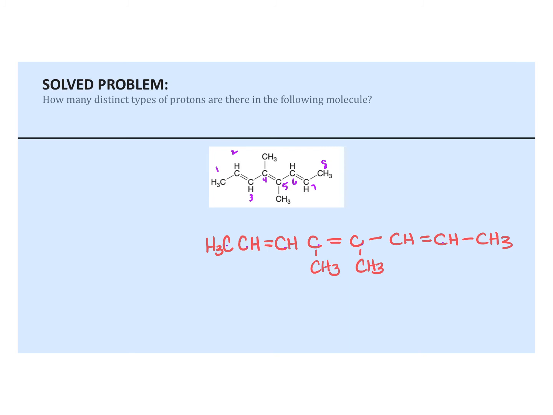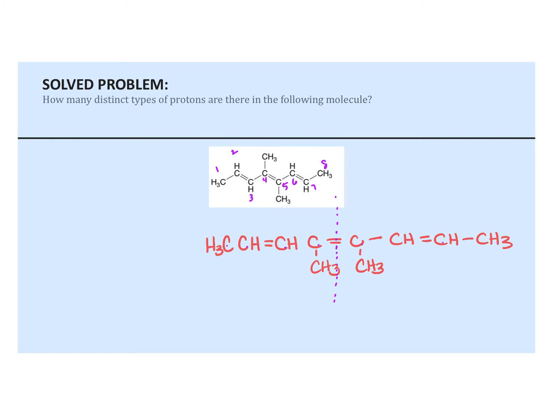Now, as I look at this, I say, hey, there is a plane of symmetry, right? Which means it's the same on both sides. And that plane of symmetry is right through that double bond. So it's going to intersect that double bond. And remember, we're just looking for protons.